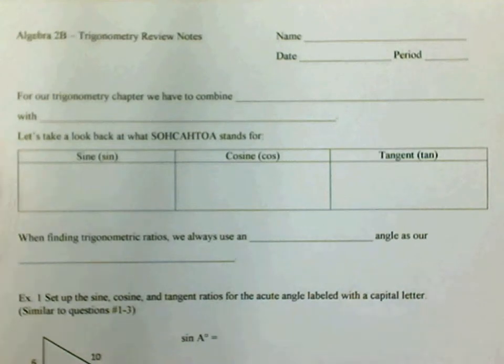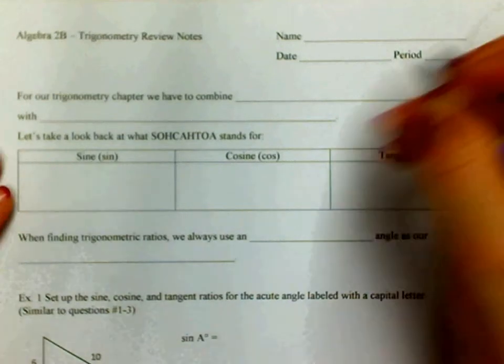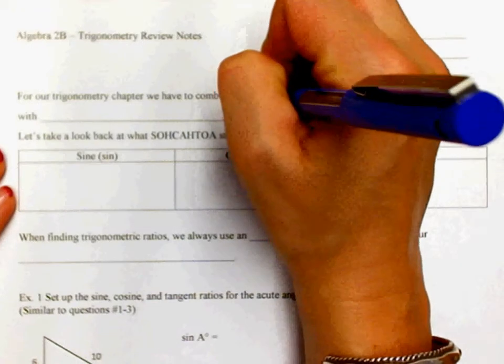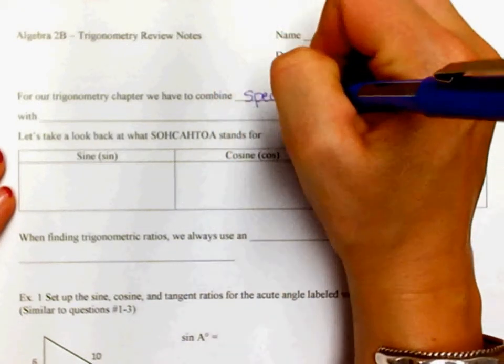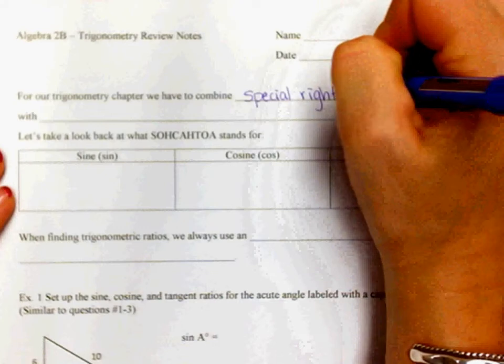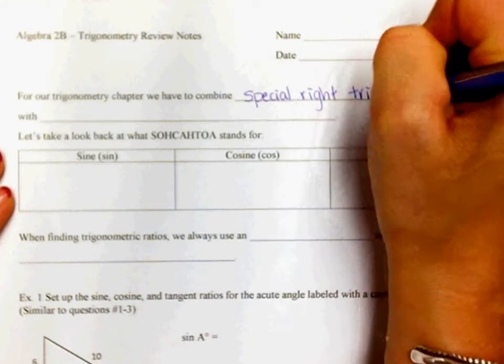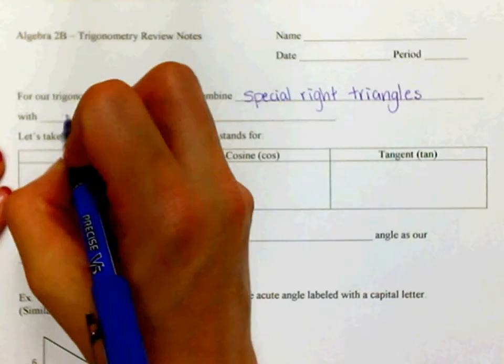For our trigonometry chapter, we have to combine special right triangles with trigonometry.